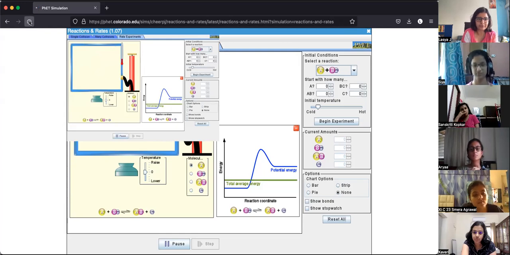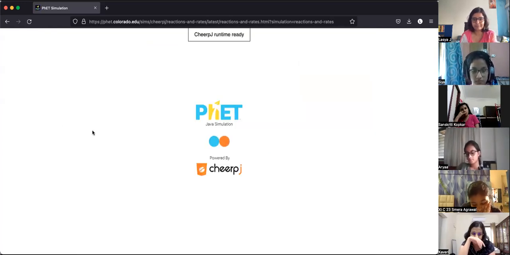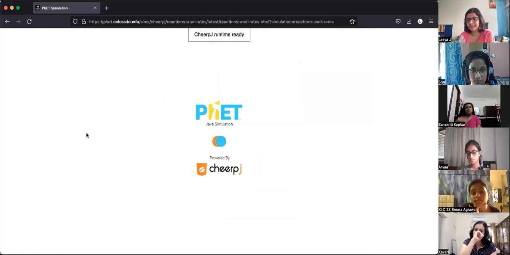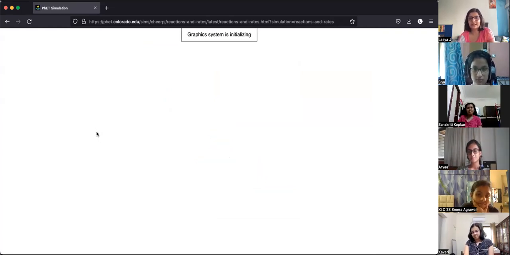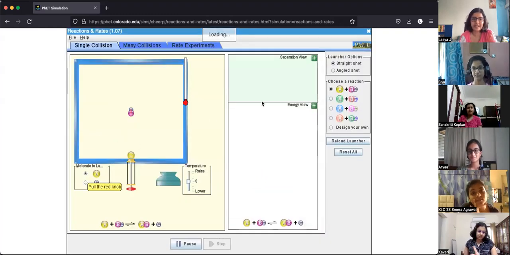Okay, so Arya and Kaveri have given their thoughts. Sia, Smera, Sanskriti, what do you say? If I put in more amount of the reactant, am I speeding up the reaction or reducing it?